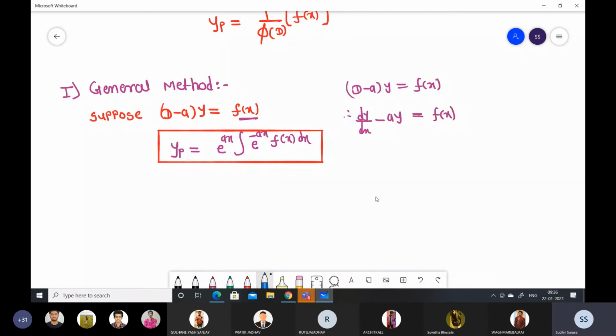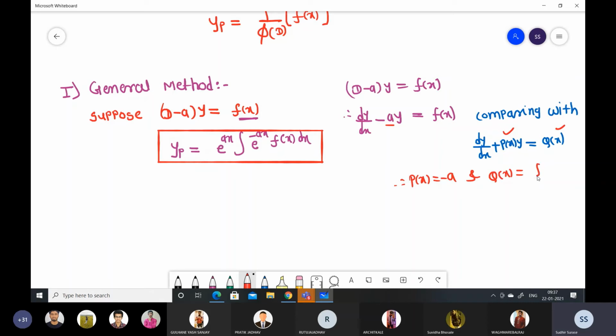And so comparing this with dy/dx + p of x times y = q of x, we can see the values of p of x and q of x. You can see p of x is equal to minus a and q of x is the right hand side, that is f of x.